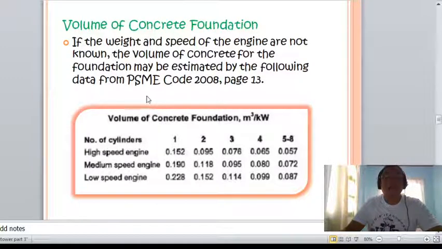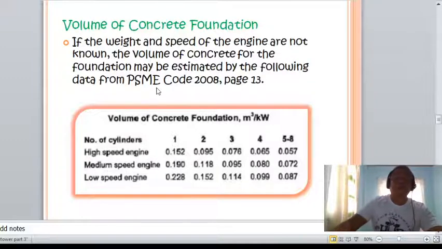Take note, class, that the unit of this is cubic meter per kilowatt. Just multiply this by the number of kilowatts of the engine, and you will automatically determine the volume of the foundation required.